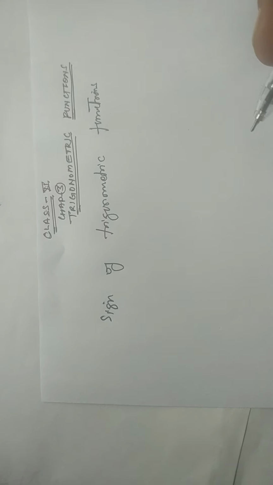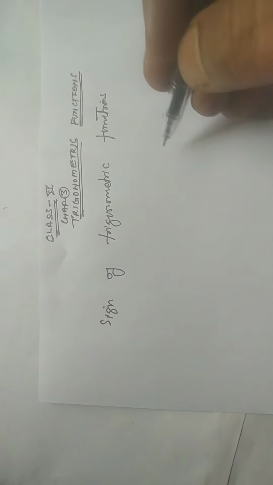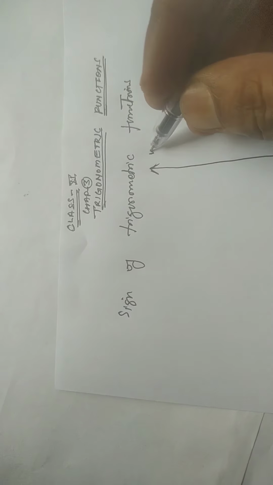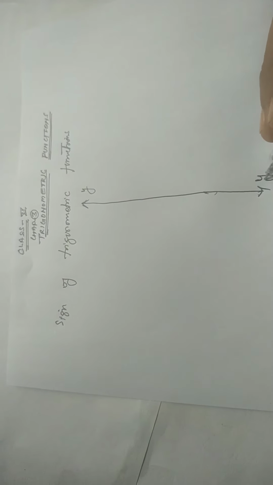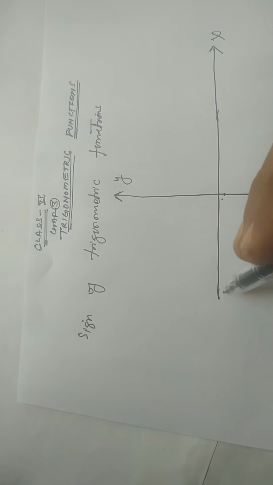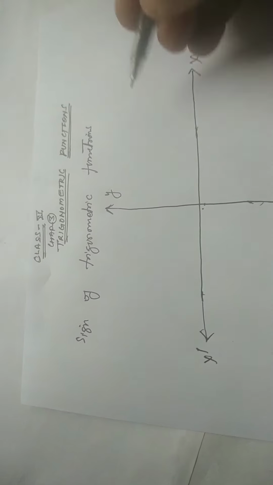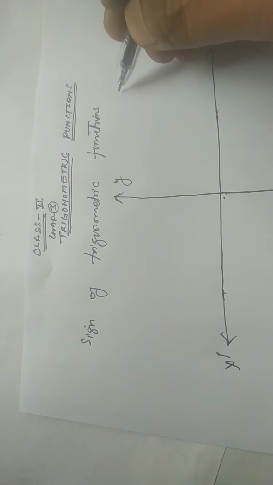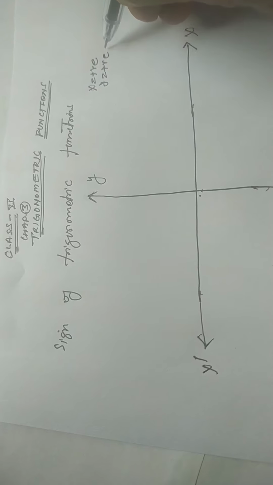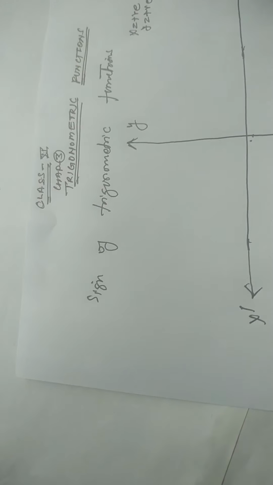For understanding the sign of trigonometric functions, let's draw the Cartesian plane. That is the y-axis, and this is y dash. That is the x-axis, and this is x dash. We know that x is positive here and y is positive here, and this is the first quadrant.